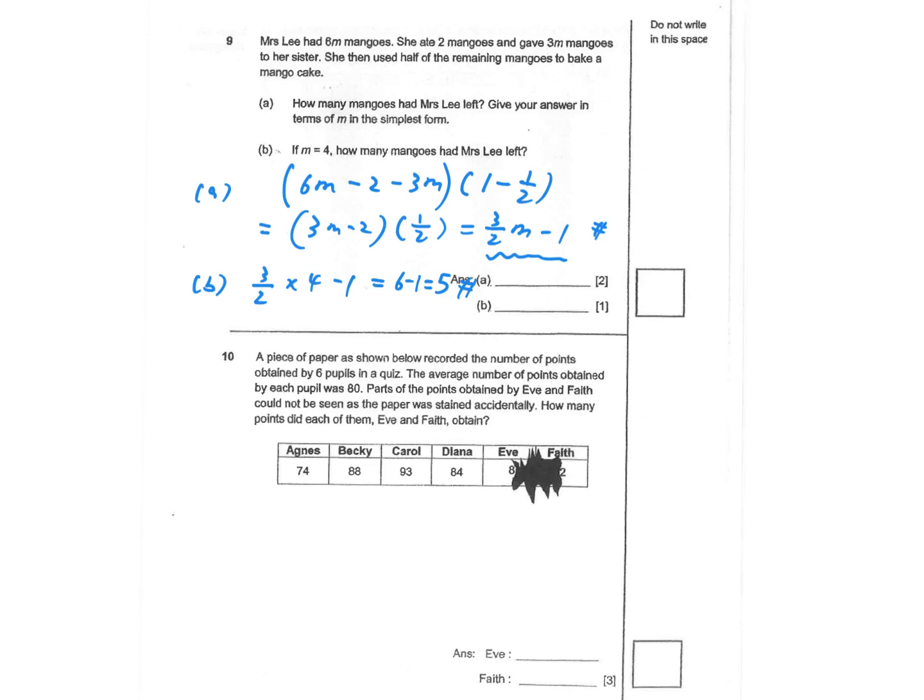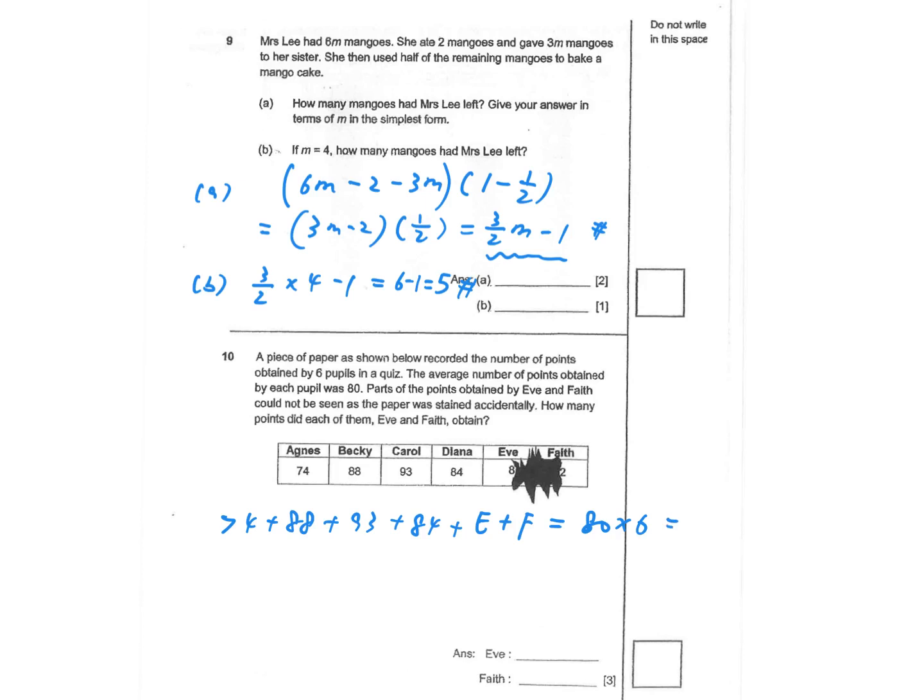Okay, so in this case, we only have the information for the first 4 children and the next 2 children, right? We need to figure it out by doing some calculation. So we know the total score, if added together, is 74 plus 88 plus 93 plus 84 plus Eve's score, represented by E, and Faith's score, represented by F. If we add up all the 6 pupils' scores together, that's going to be their average score multiplied by the number of pupils. 1, 2, 3, 4, 5, 6.